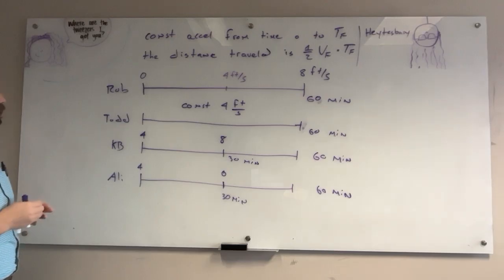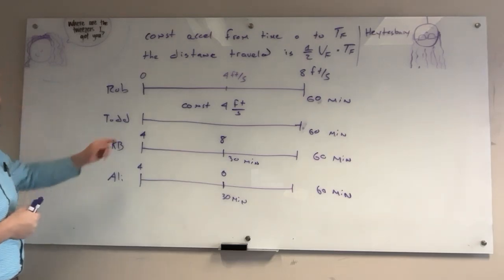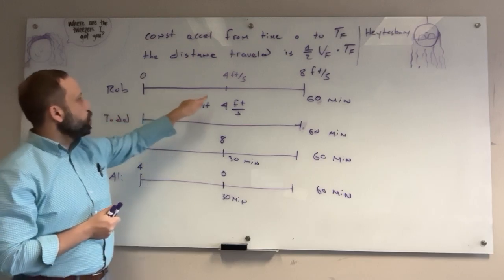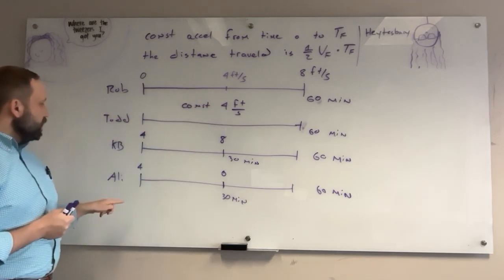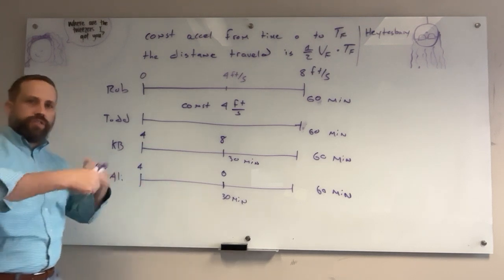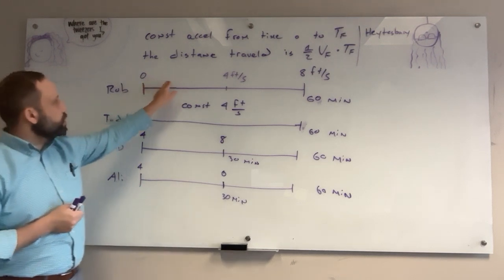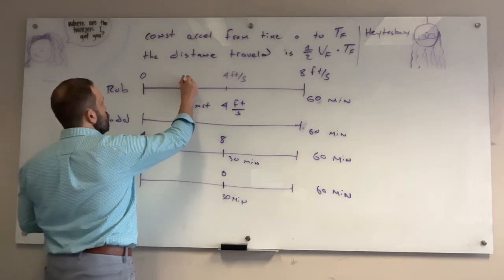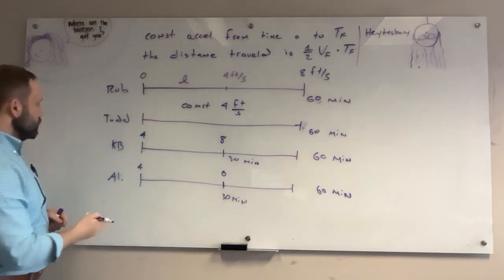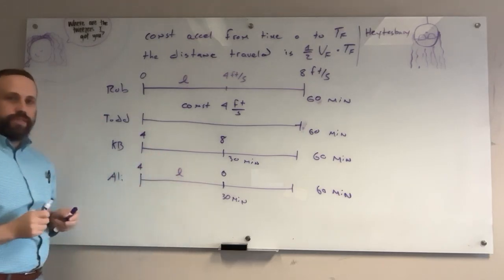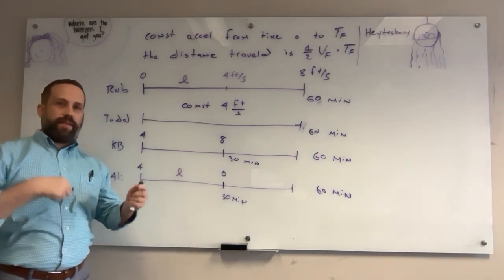Okay, so here's how the reasoning goes. For the first 30 minutes, I'm accelerating from 0 to 4, but Allie is decelerating constantly from 4 to 0. So there's a symmetry here. The distance I travel during this period of time, let's call it L, is equal to the distance that Allie travels in this time as well.